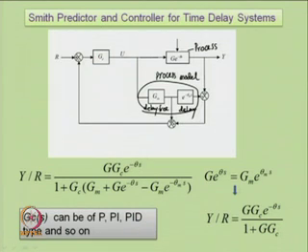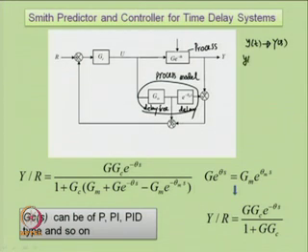Smith predictor controller structures are generally used for effective control of plants or processes with long dead time. What do we mean by dead time? Suppose the process output is y(t). In Laplace domain, we represent it by Y(s).